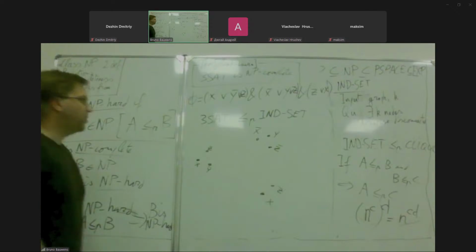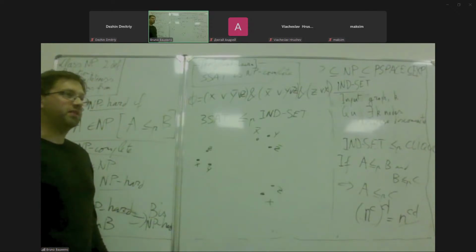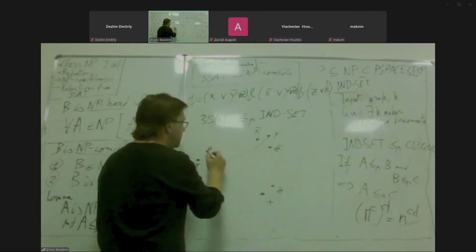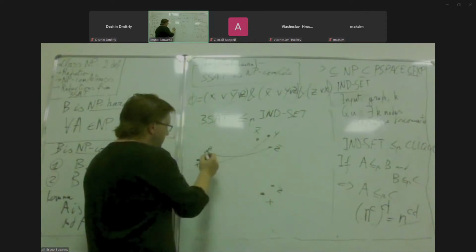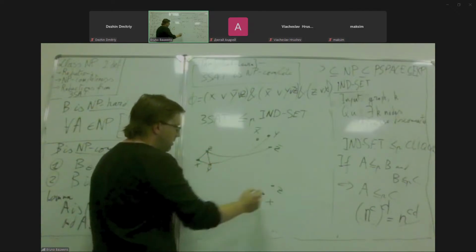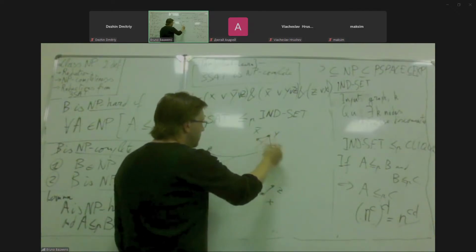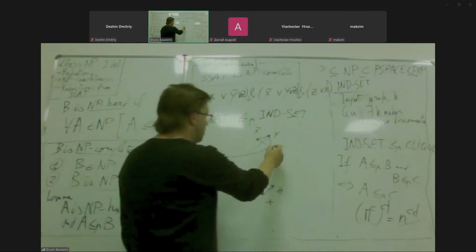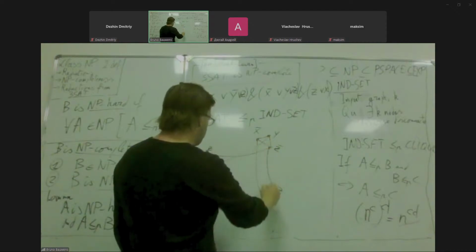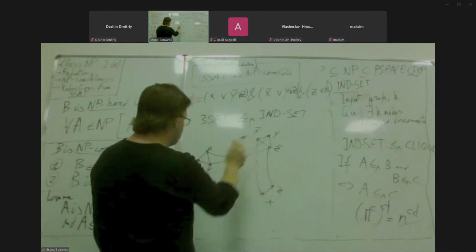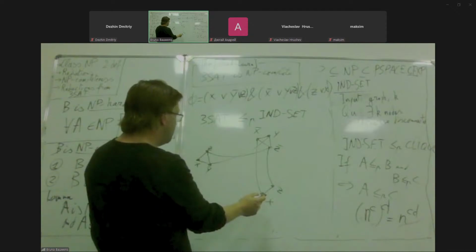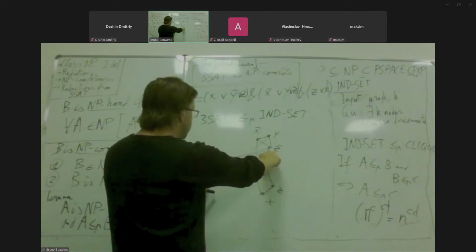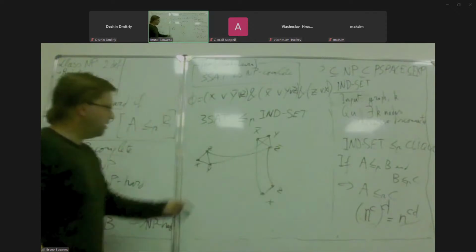And now we connect points that are labeled by opposite literals. So we connect y to not y, and z to not z. And we also connect the nodes of each clause. Okay, let's do all of them. Yeah, that works. We just have 2 negative ones.